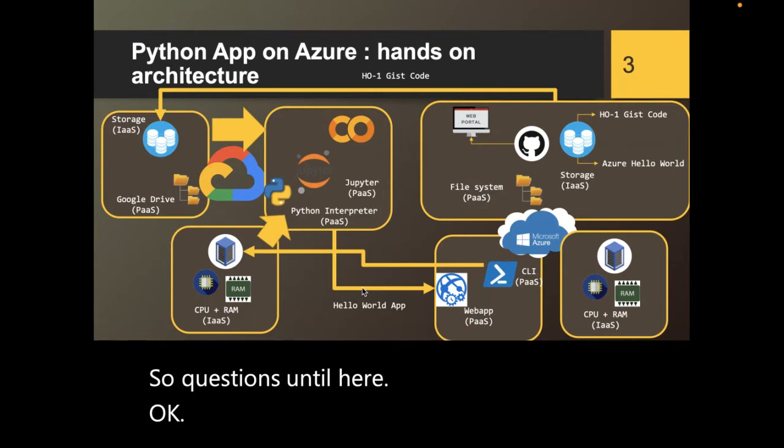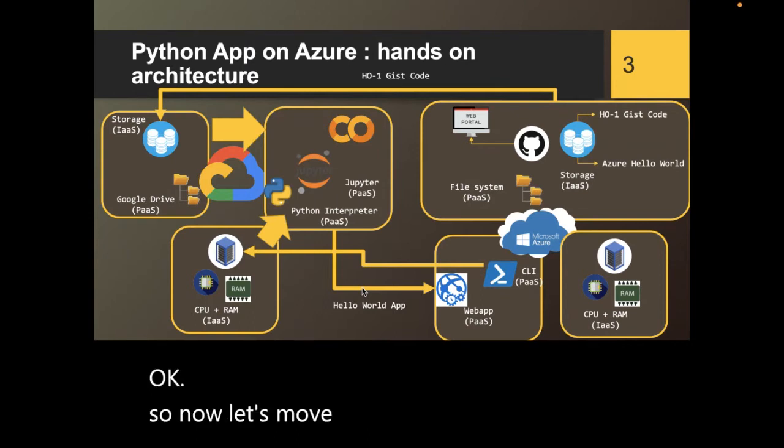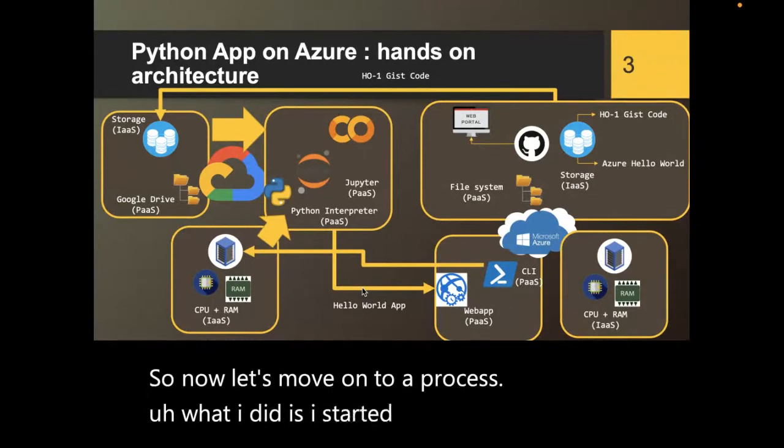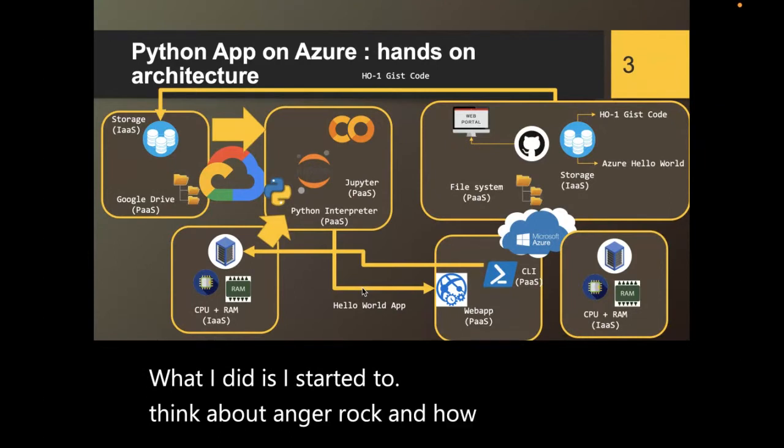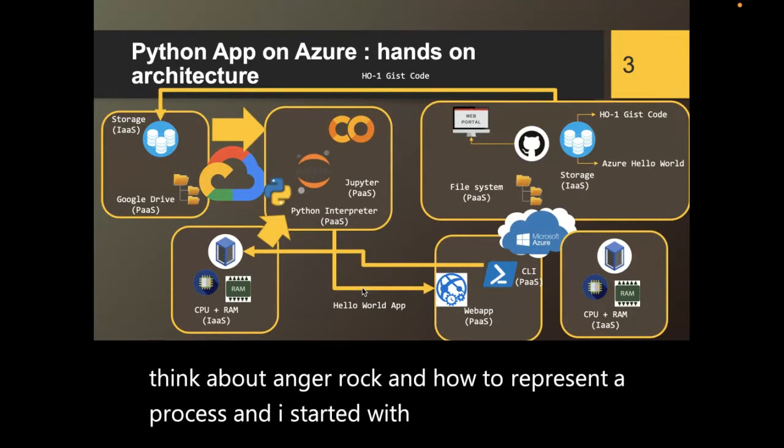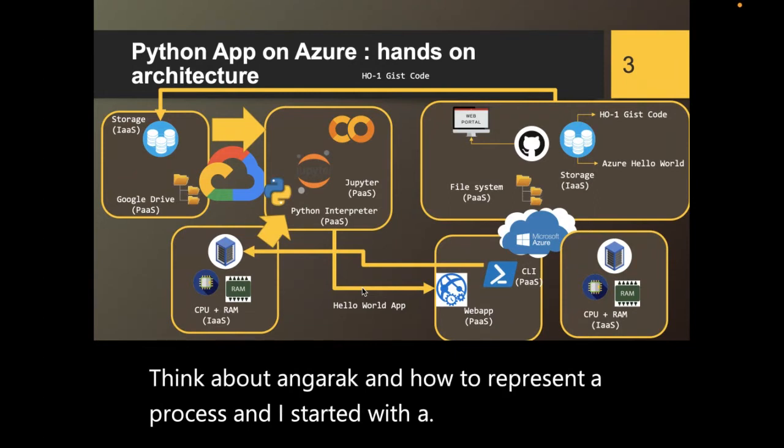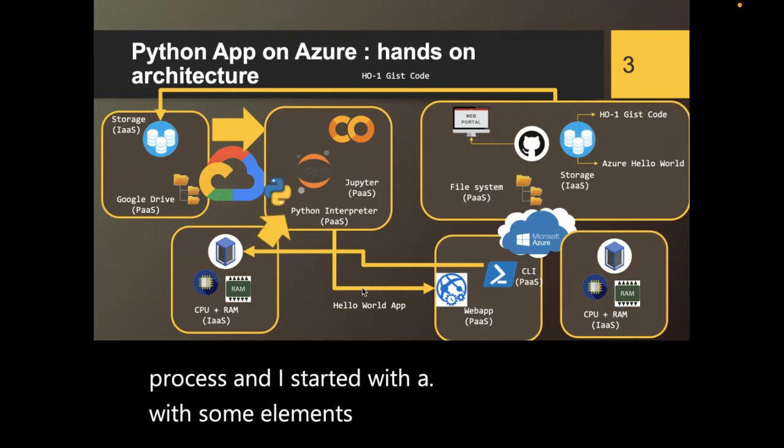So now let's move on to process. I started to think about ngrok and how to represent a process, and I started with some elements of the setting up of ngrok.